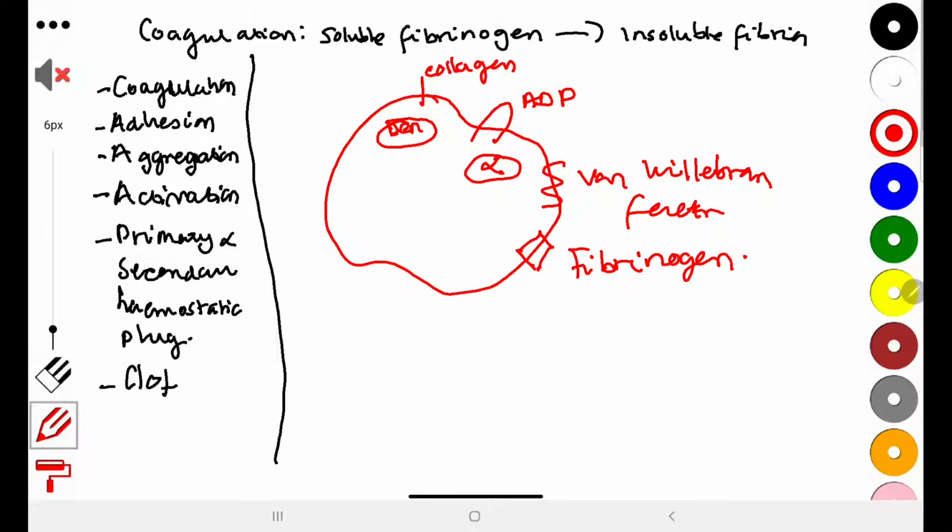We also have, on the surface, apart from ADP, collagen, von Willebrand and fibrinogen receptors, leukocyte receptors, in particular P-selectin. The other things that we have here, for example, the collagen receptors, are known as GPIb.